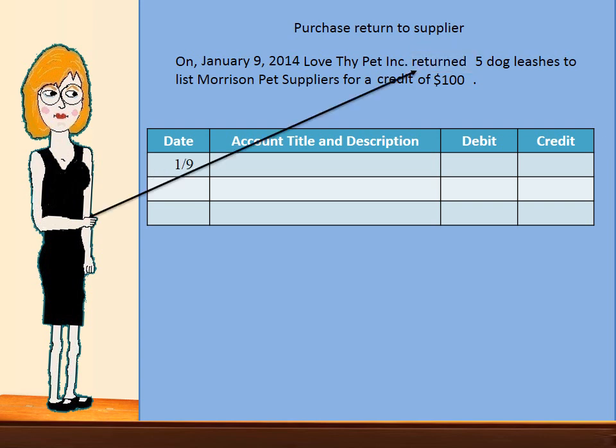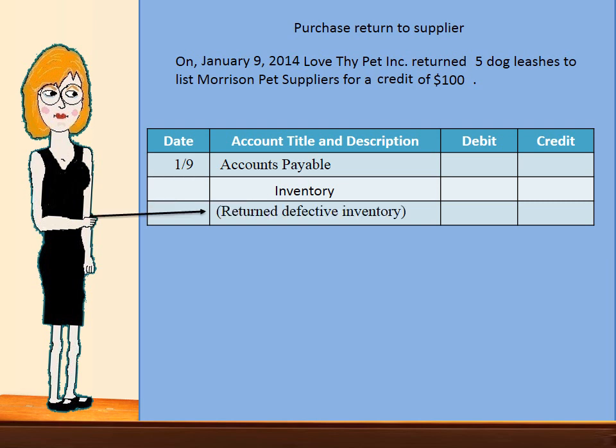We returned merchandise, so we will debit accounts payable because this reduces the amount we owe the suppliers. It's a credit, so we will credit our inventory, therefore reducing our inventory. And we will put the explanation of returned defective inventory.